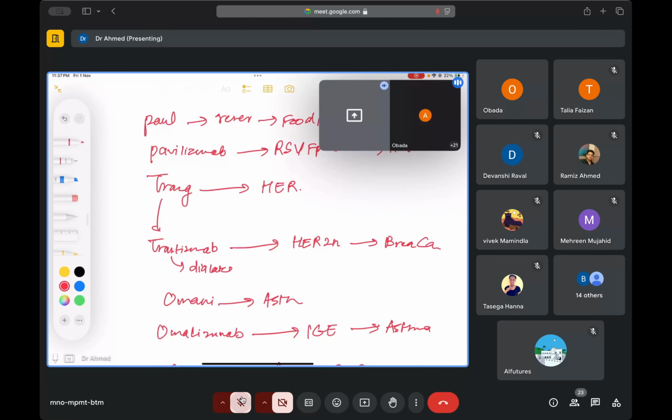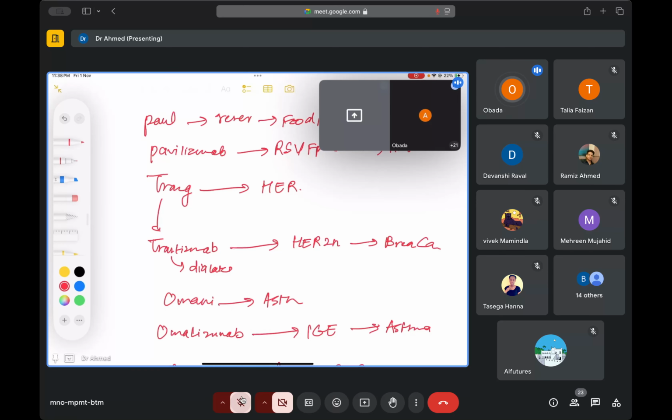Dr. Obada, please tell us the mnemonics and the biological immunotherapy. Adam, Netflix, Gorilla movie. TNF alpha inhibitors: adalimumab, infliximab, golimumab. Adam for adalimumab, Netflix for infliximab, and Gorilla movie for golimumab.